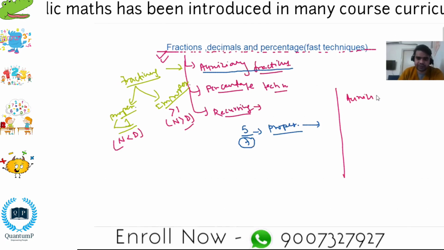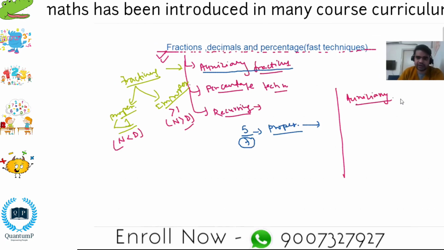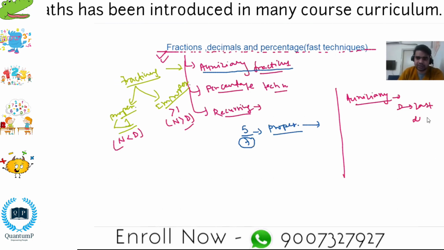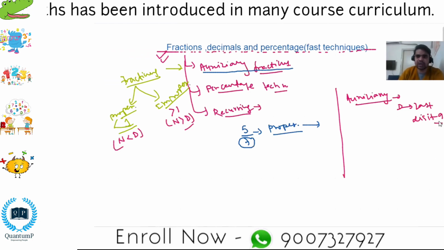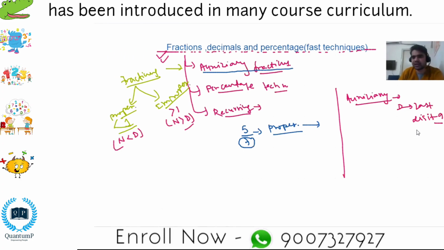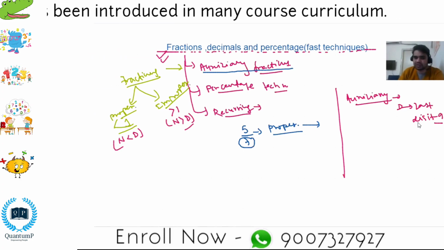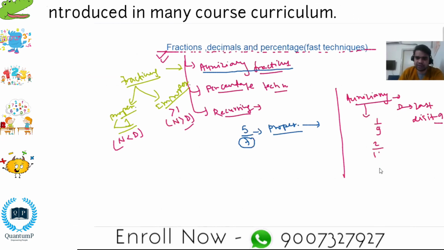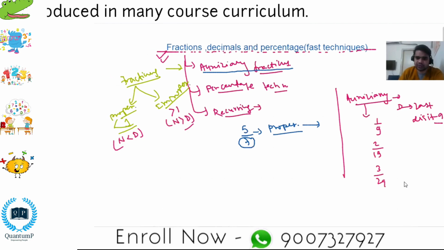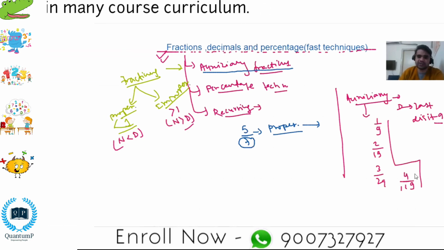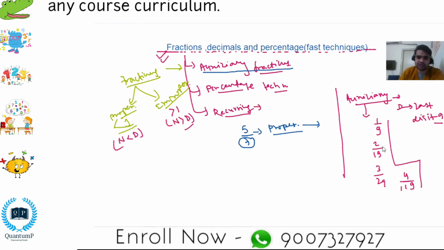And if you don't have 9, but you can convert it into 9, even that will be called an auxiliary fraction. Suppose 1 by 9, 2 by 19, 3 by 29, 4 by 119. You see, these are all proper fractions, and in the denominator we have the last digit 9.